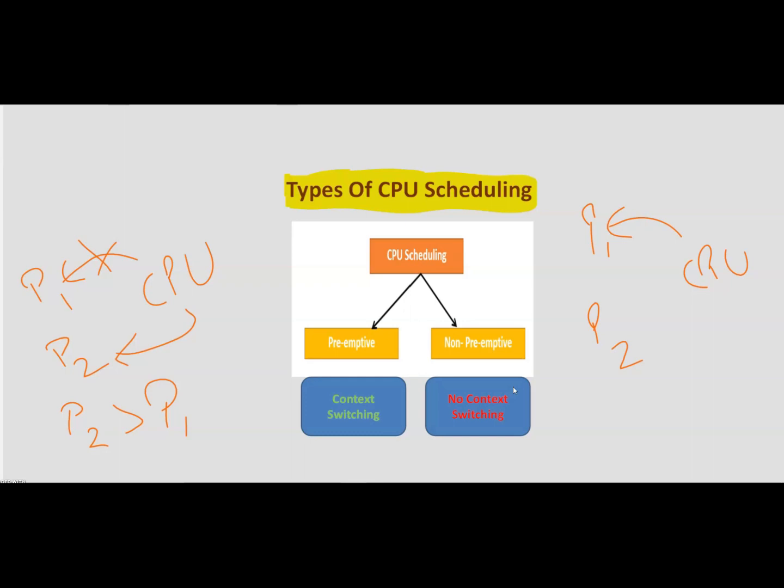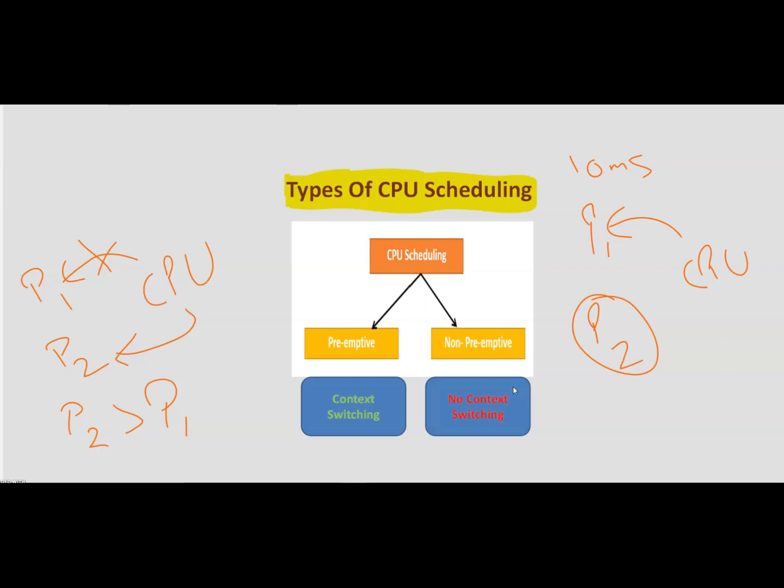Suppose the execution time of P1 is 10 milliseconds. It means that P2 has to wait for the CPU allocation for 10 milliseconds. P2 will get the CPU only after the completion of P1.